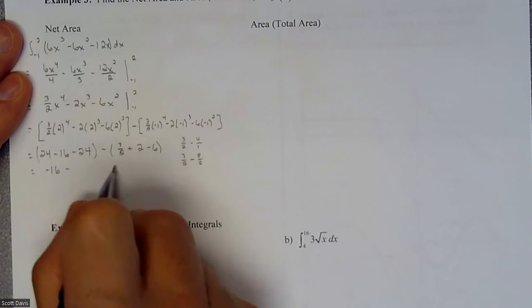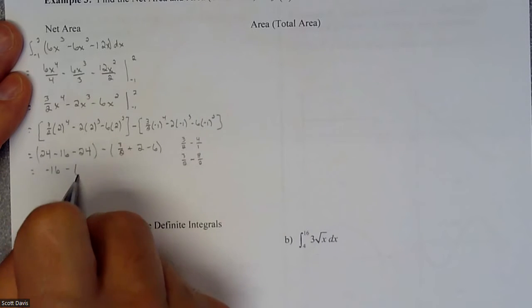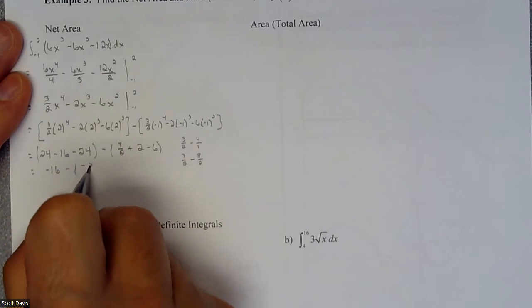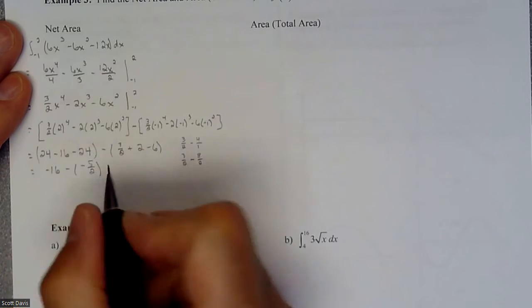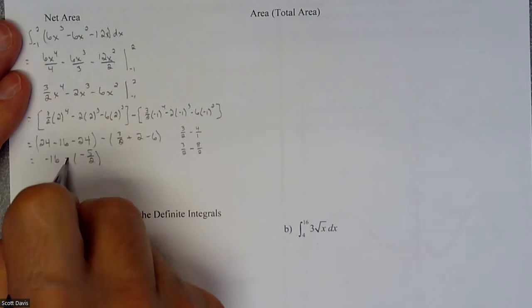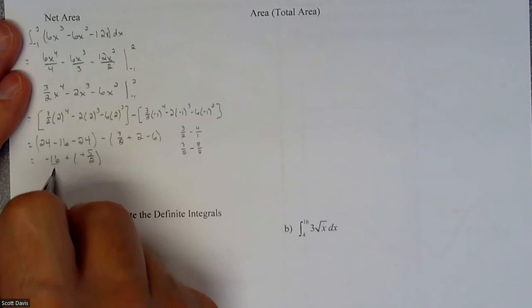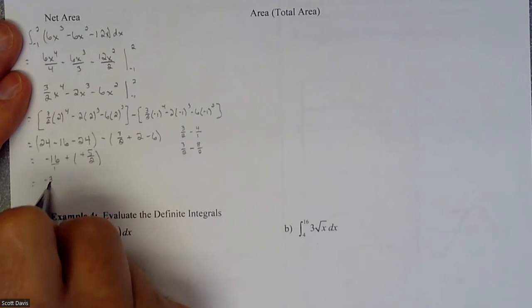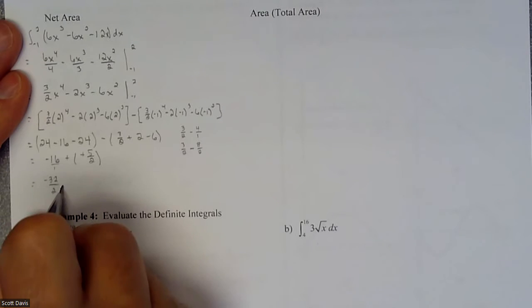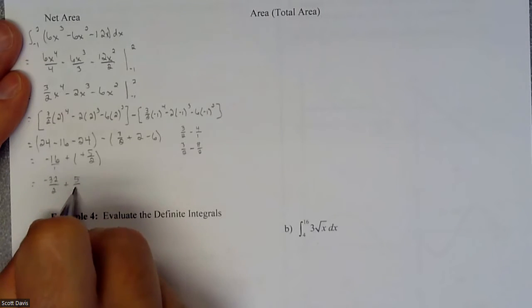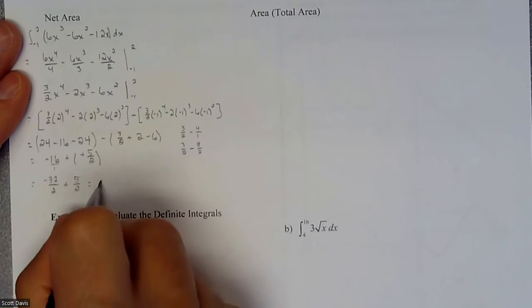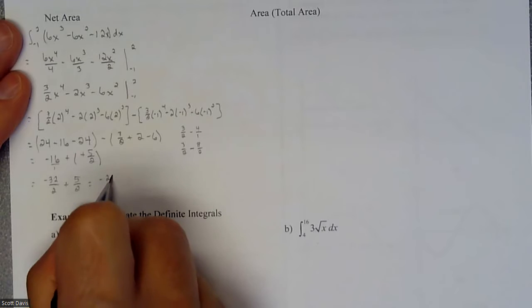So minus a -5/2. And then we'll change our sign. So this turns into addition, and we need to put that over 1. So we're looking at a -32 over 2. 32 over 2 plus a 5 over 2 gets us a -27 over 2.